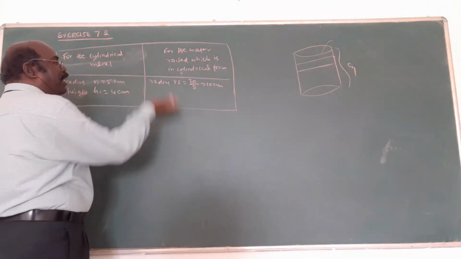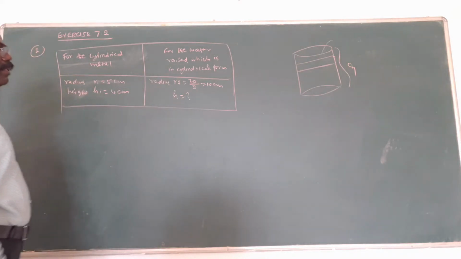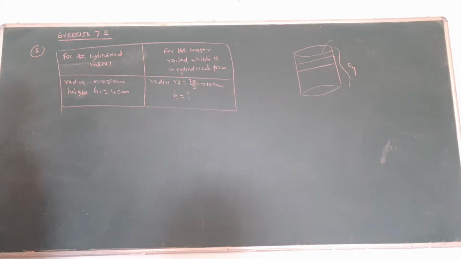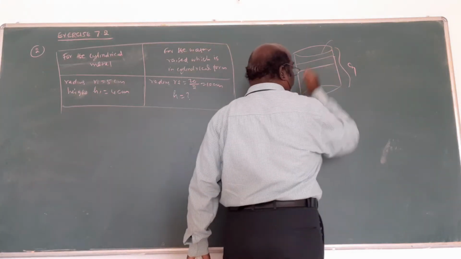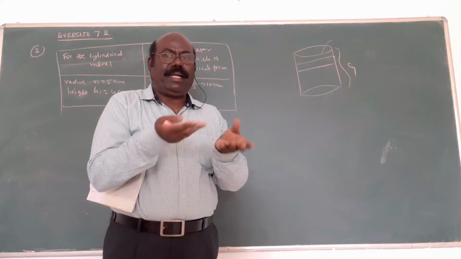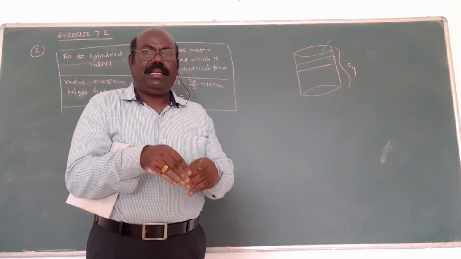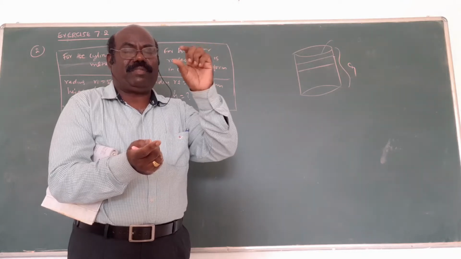Now, the question asks for the level of water rise. The height of 9 cm is given, but we don't want that. Depending upon the metal piece, the level of water is increasing, and that rise alone is what is asked. That is very important.